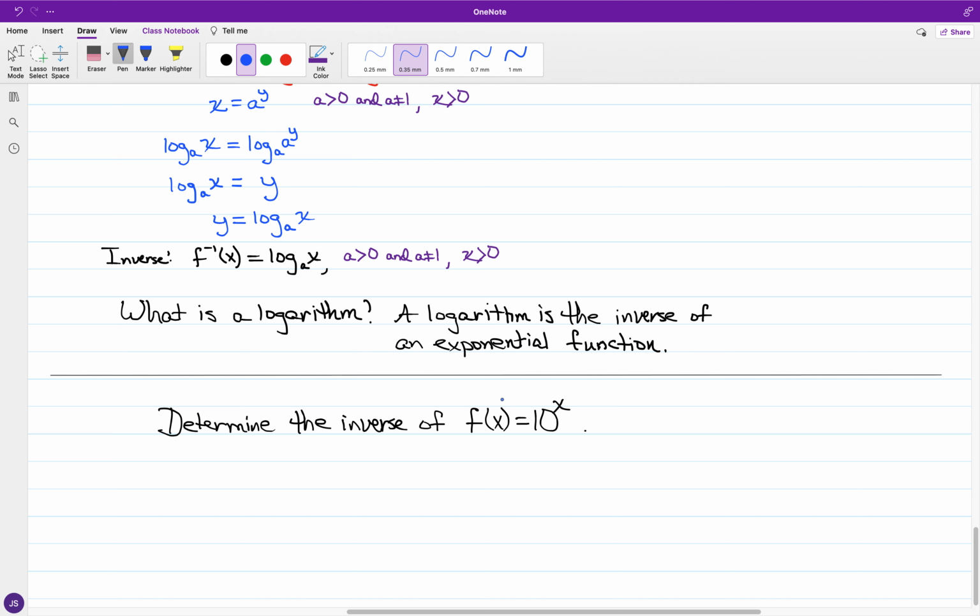It is positive, not equal to 1. So f of x is equal to 10 raised to the x, and in terms of the xy coordinate system, y is equal to 10 raised to the x.